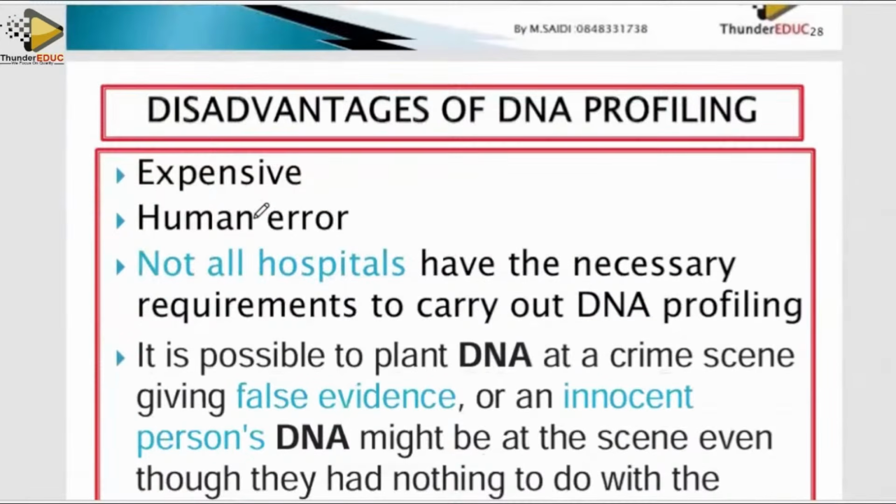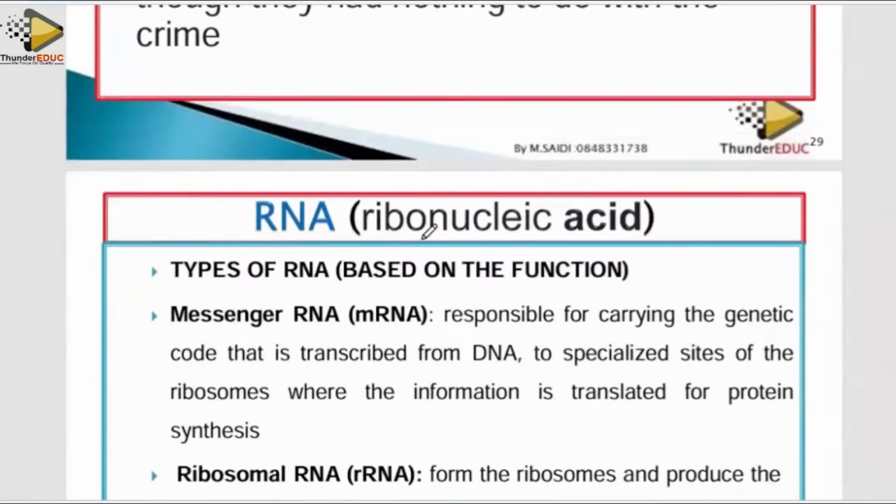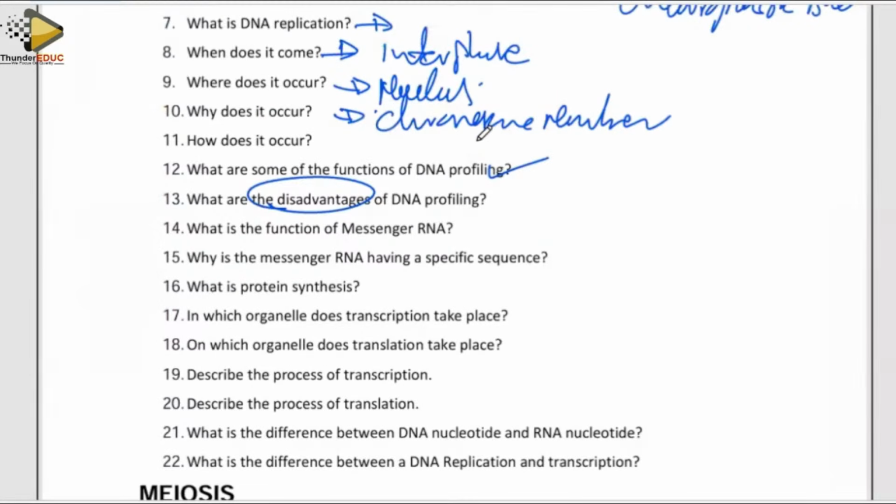You understand? Human errors. Not all hospitals have the necessary equipment, which can also lead to faulty results. Sometimes you can also frame an individual at the scene. Someone did it and then dropped something which belongs to you. So all this can be a reason.